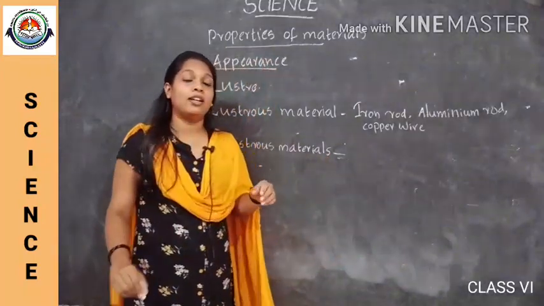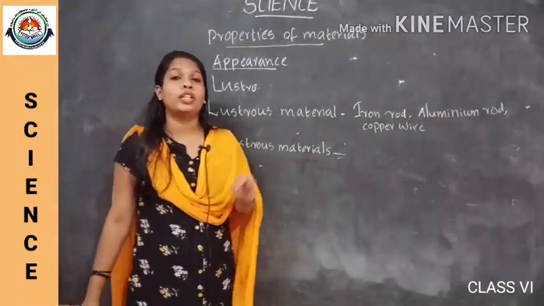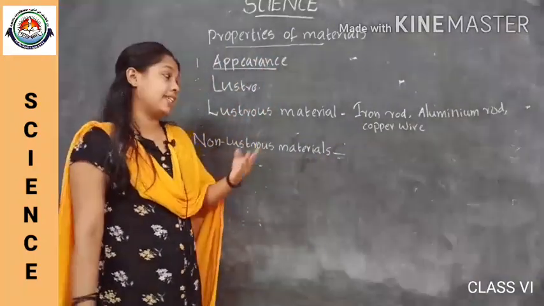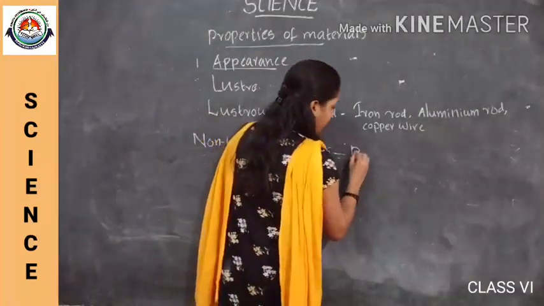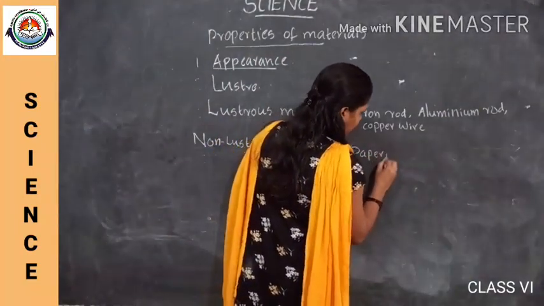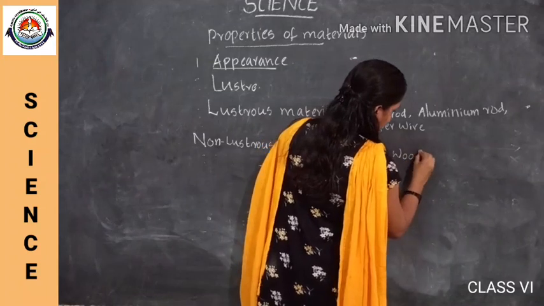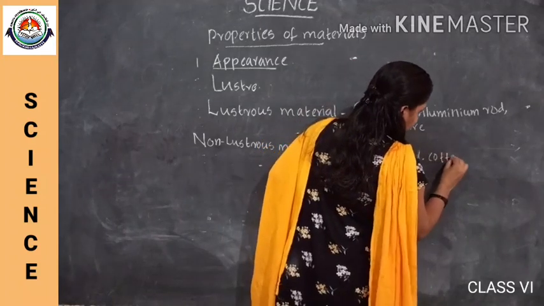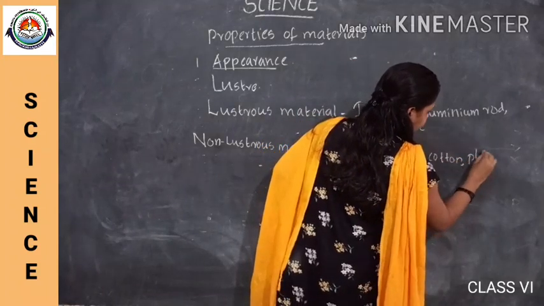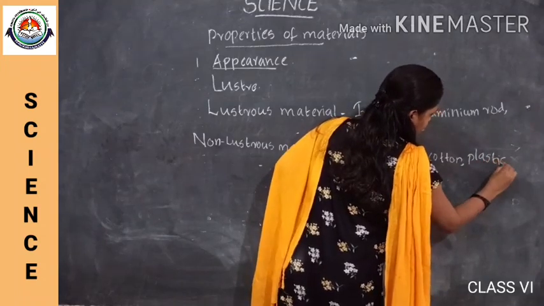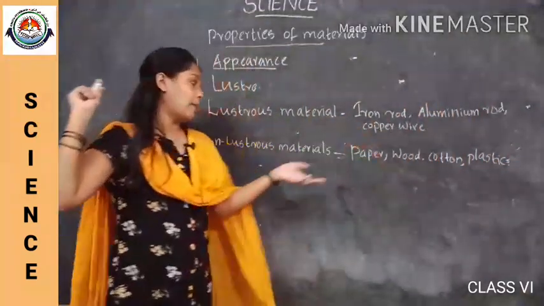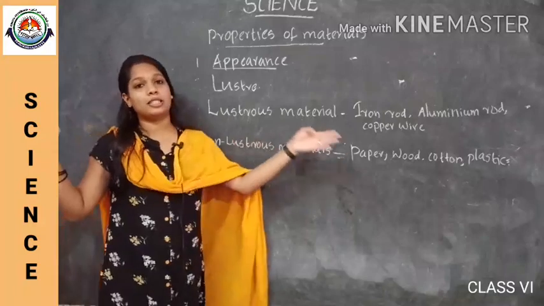The examples are paper, wood, cotton, plastics, etc. These are the examples for non-lustrous materials.